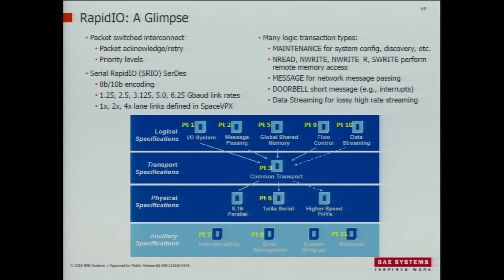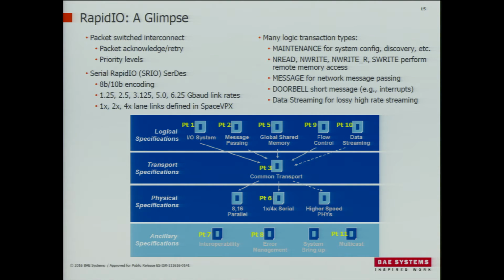If you can take what you heard there and apply it in terms of having SerDes links connecting the nodes, 8B/10B encoding, 1 1/4 to 6 1/4 gigabaud nodes, and packets being transferred with checksums and acknowledgments so that you have guaranteed delivery, all those things apply here to serial rapid I/O.